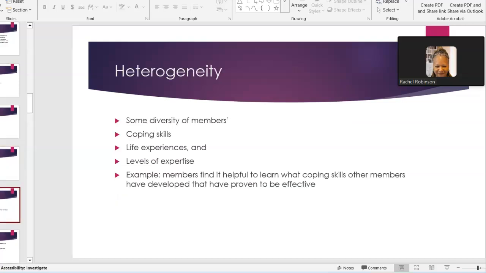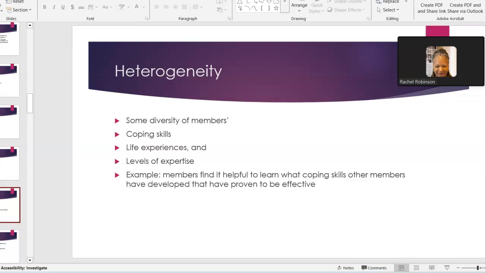Heterogeneity, you want some diversity of the members. If you have too much homogeneity, sometimes there aren't those opportunities to really grow as group members, to ask questions, to dive in there, that type of thing.